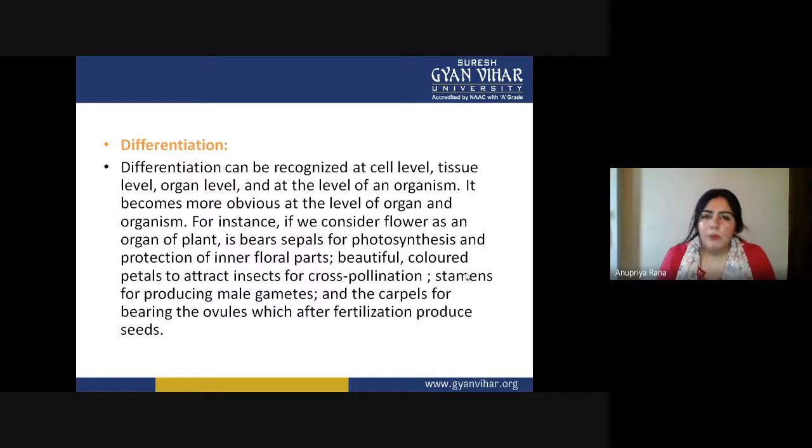The main point to understand here is that everything developed from one single cell and is now performing different kinds of structure and function. How can this happen?